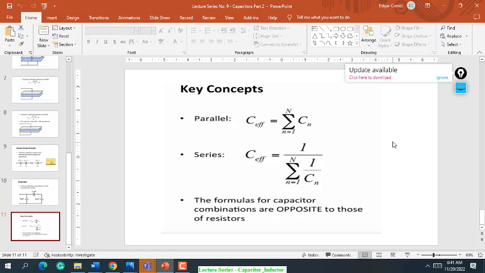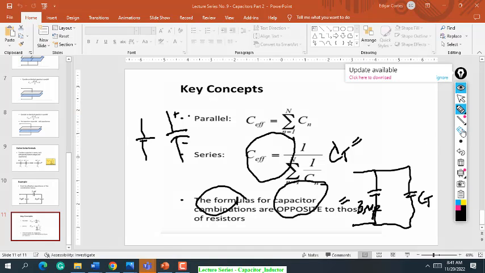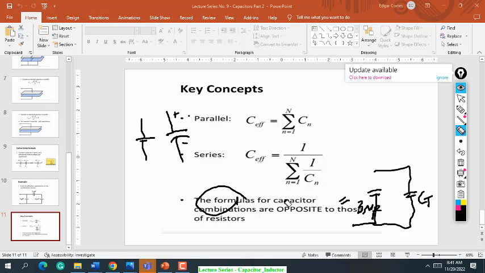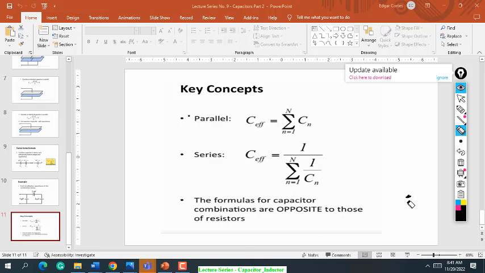So the key concept of parallel and series connected capacitors is that for parallel capacitors, this is the formula: you just add the capacitance. While in series, it's the other way around: it is the inverse of the total capacitance. This is the general formula.